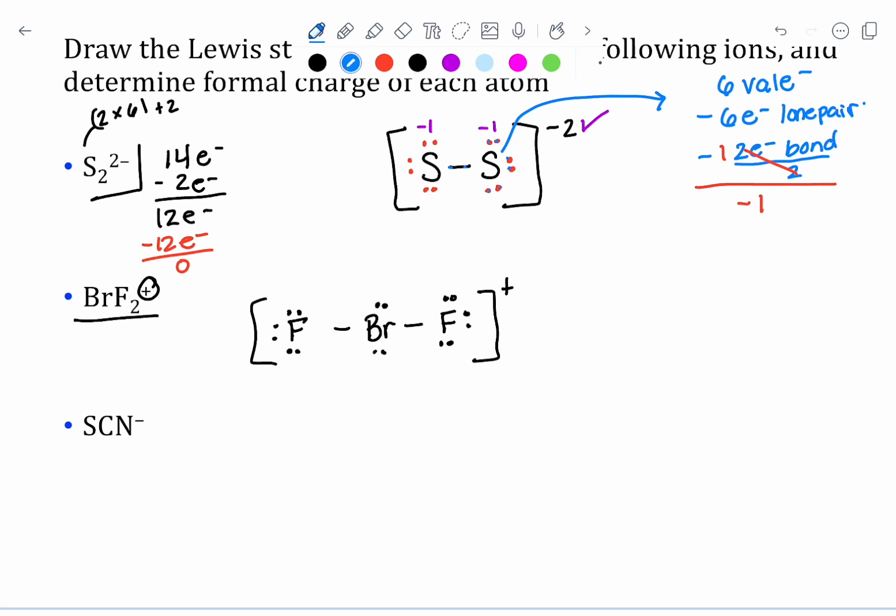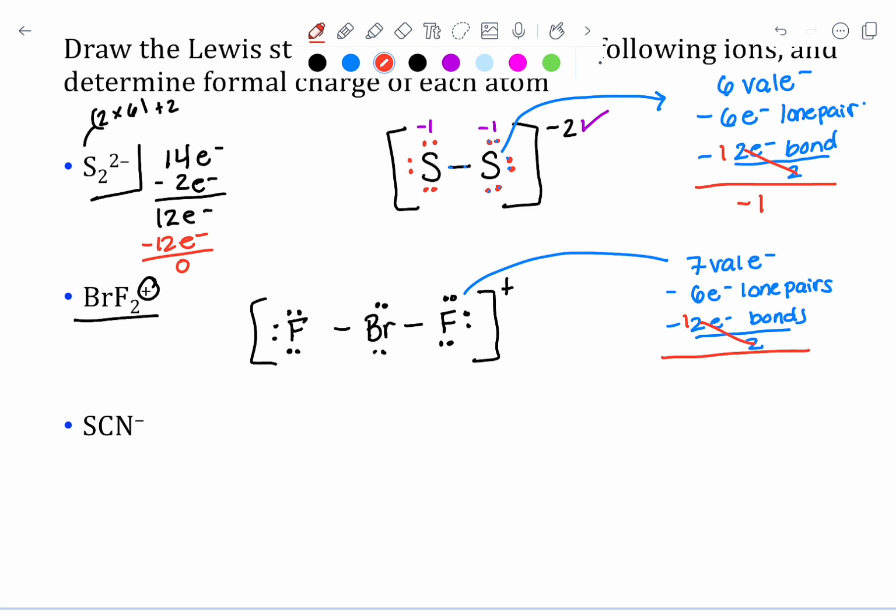Okay, each fluorine is going to have the same formal charge, so we just need to find it for one and then the bromine. So our fluorine has 7 valence electrons, currently has 6 electrons in lone pairs, and has 2 electrons that are in bonds, which we divide by 2, which simplifies to 1. So 7 minus 6 minus 1 is a formal charge of 0, so the formal charge on each fluorine is 0.